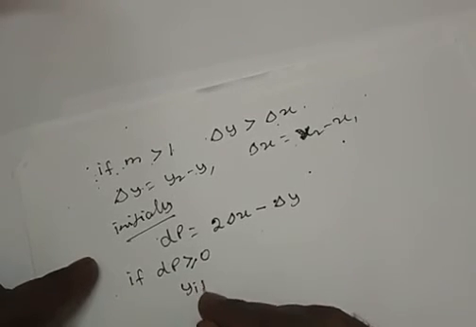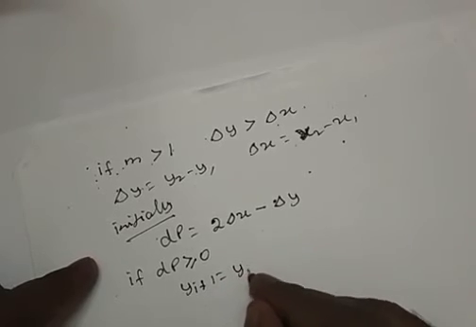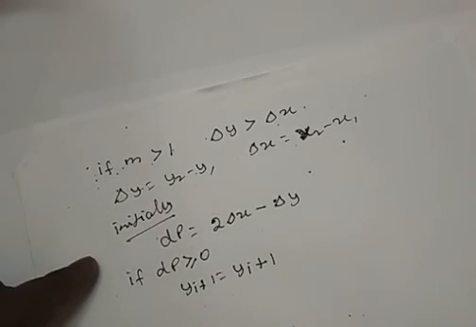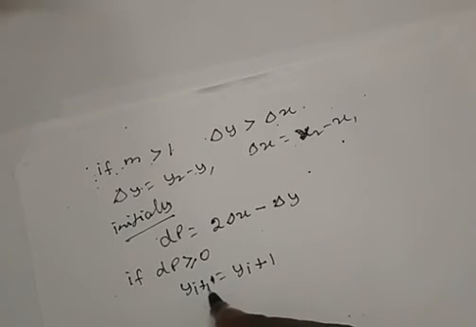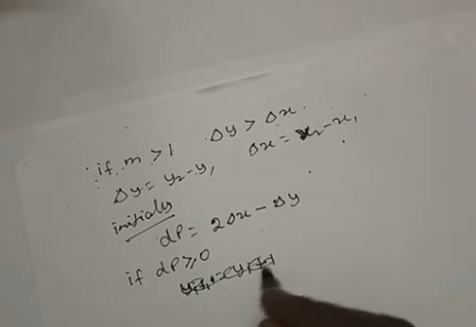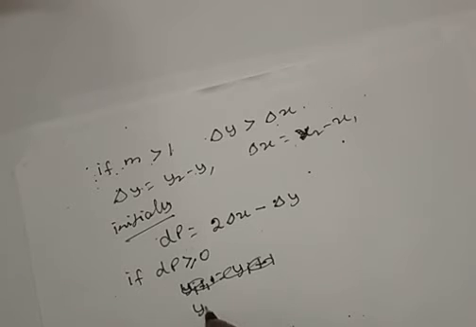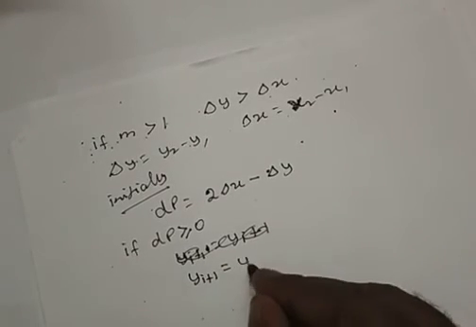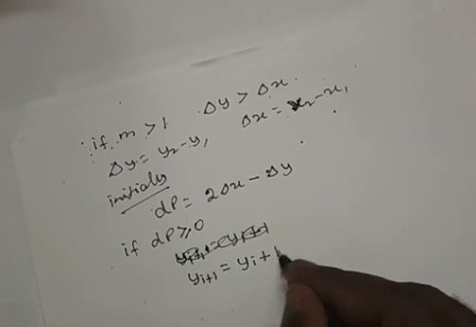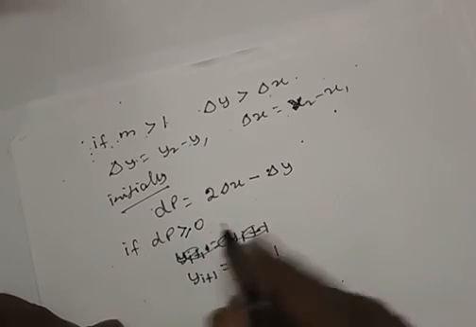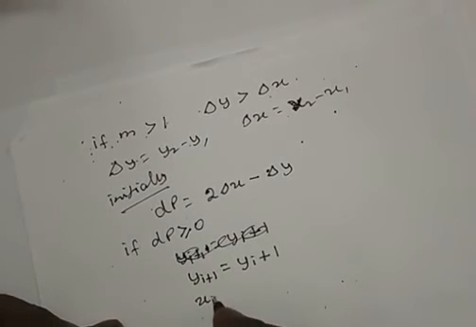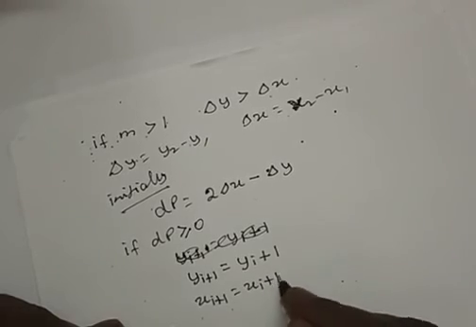So y subscript i plus 1 is equal to yi plus 1. And similarly, if the dp value is greater than or equal to 0, x subscript i plus 1 is incremented to xi plus 1.